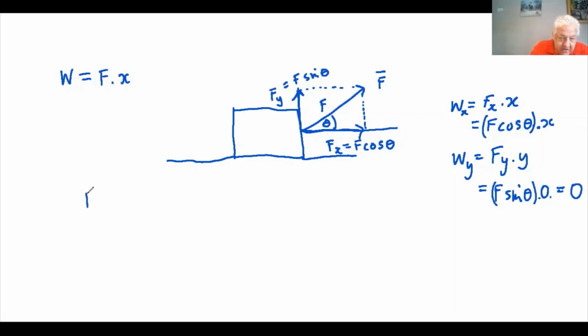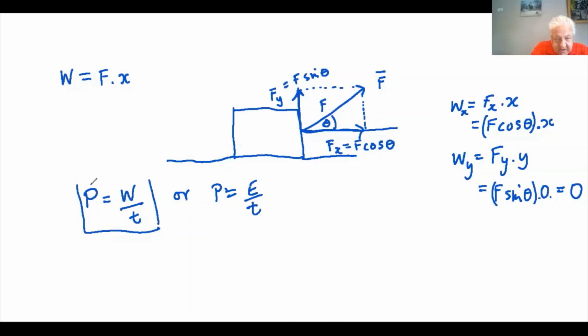My definition of power is the rate of doing work, so it's work over time, or power equals energy over time. Now from this, I can get a nice alternative formula which is useful in a number of cases.